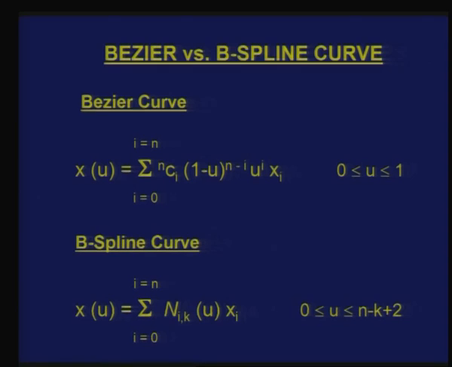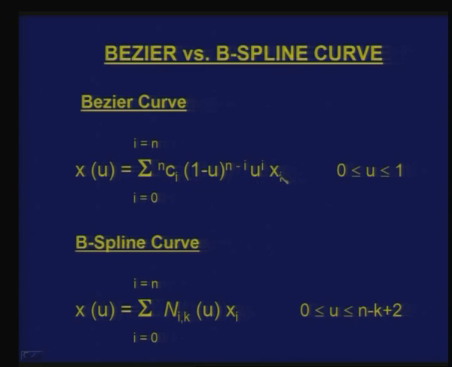Now, let us look at how this class of curve differs from a Bezier curve. We have already discussed the Bezier curve definition. If I have n control points, the x coordinate of the curve is given by a summation of as many terms as there are points.